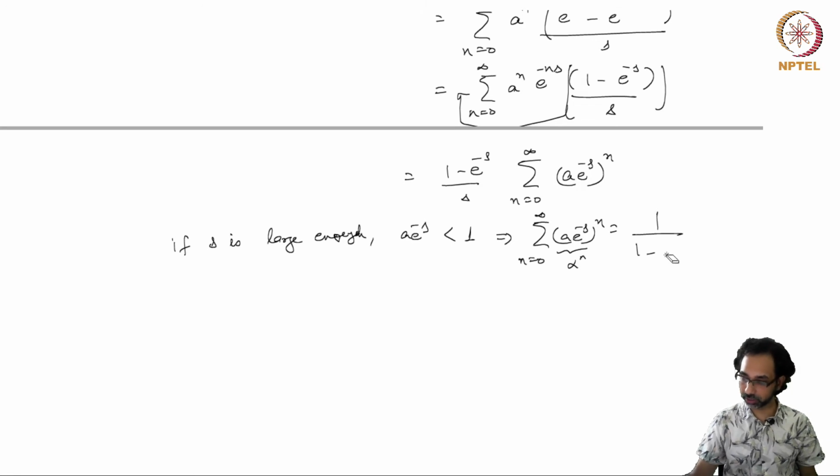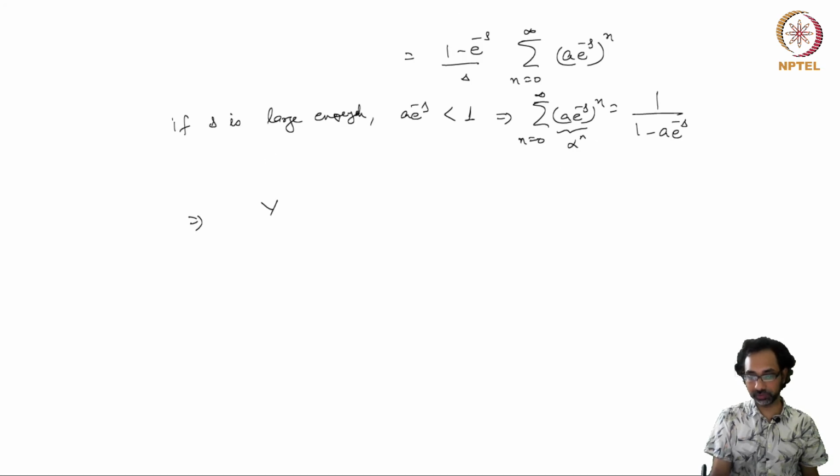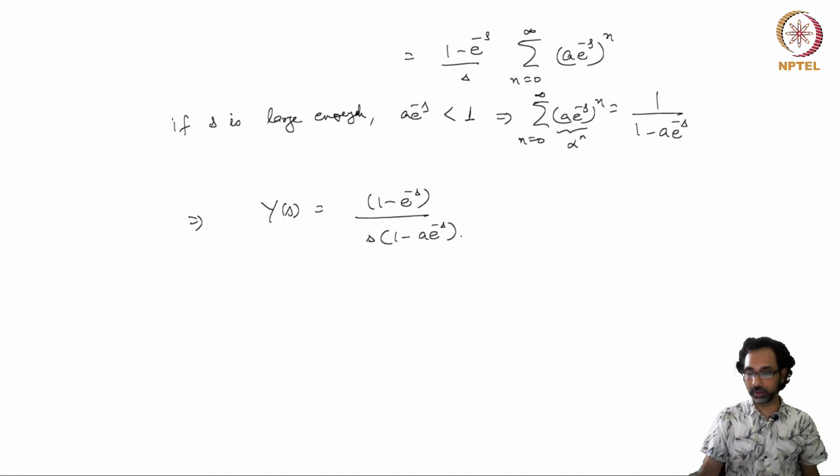So alpha is our a e to the power minus s. So the Laplace transform Y(s) is given by 1 minus e to the power minus s divided by s times 1 minus a e to the power minus s, and this is valid for a over e to the power s less than 1.